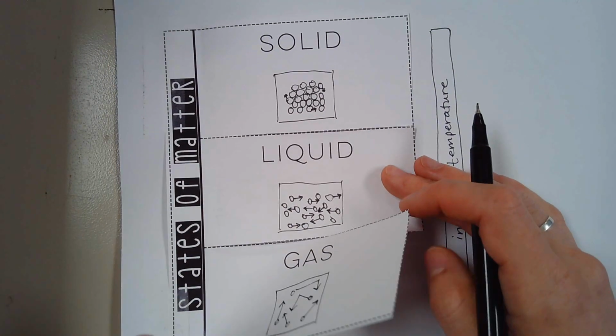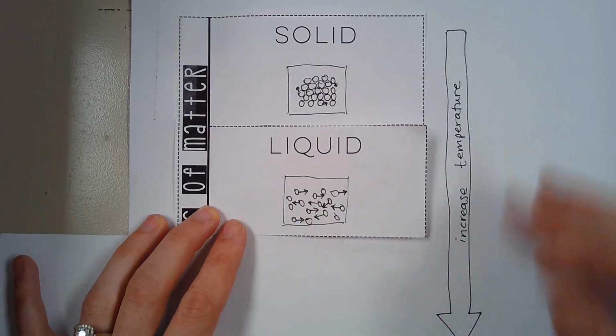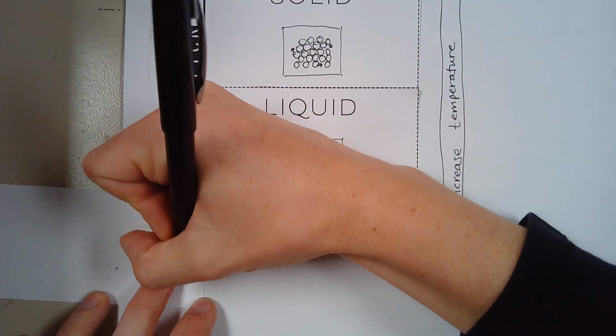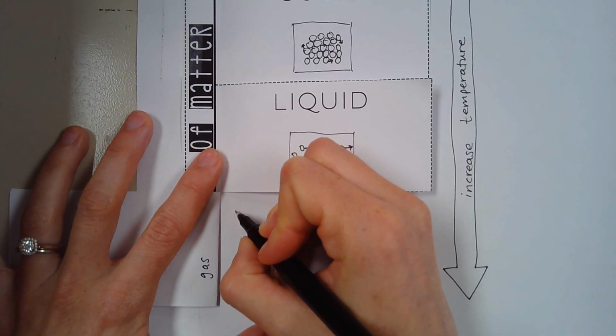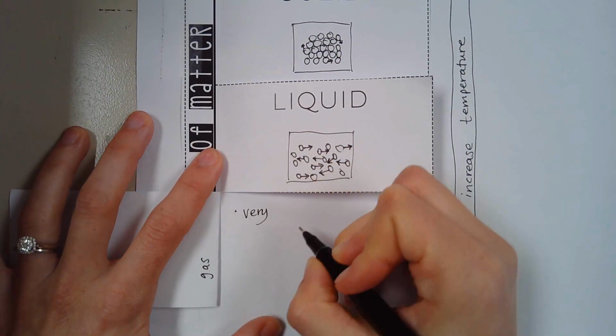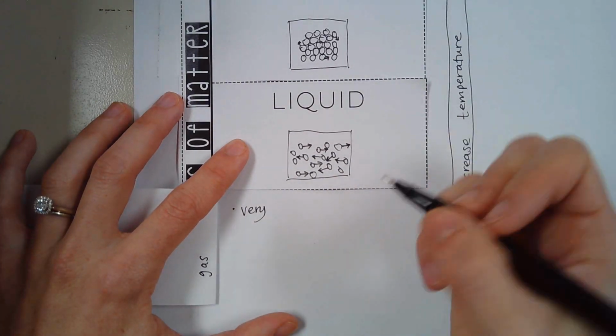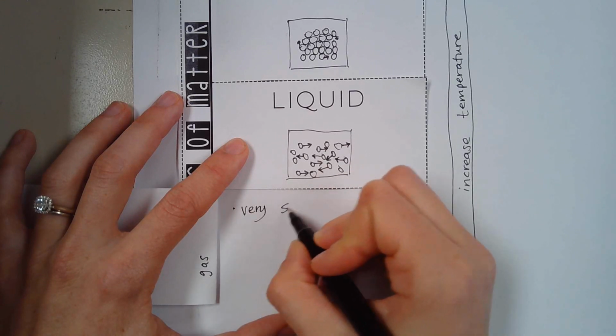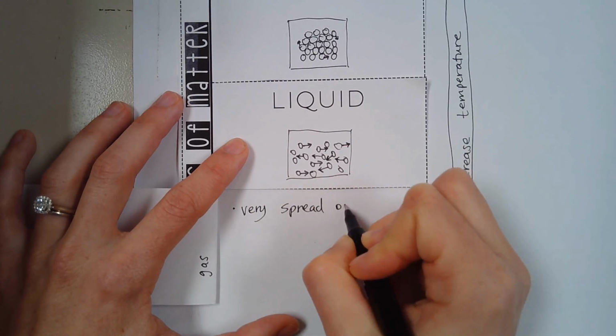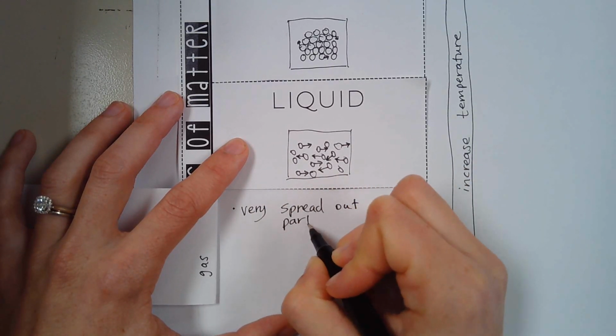So that's what we mean by no definite shape and definite volume. And then finally, we keep adding temperature, we're adding heat, and we have our gases, right? Our gases have a lot of movement. Very spread out particles.